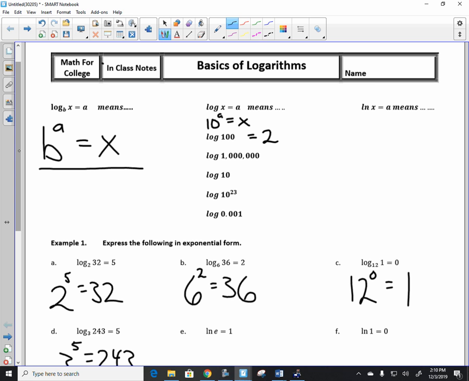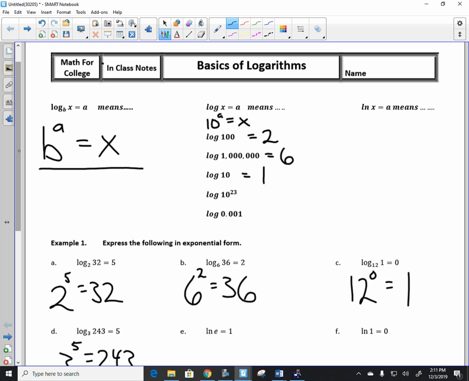Log of 1,000,000. It's a base of 10, so that means 10 to what power is 1,000,000? 6, very good. Just count the zeros. 10 to what power is 10? 1.